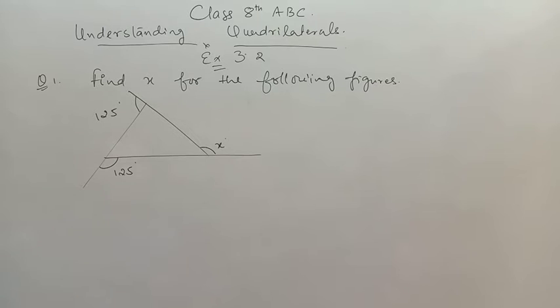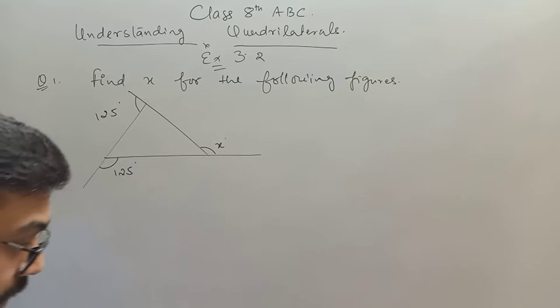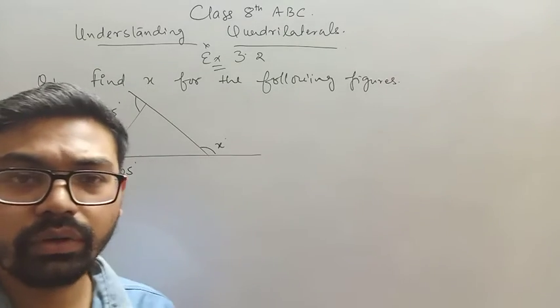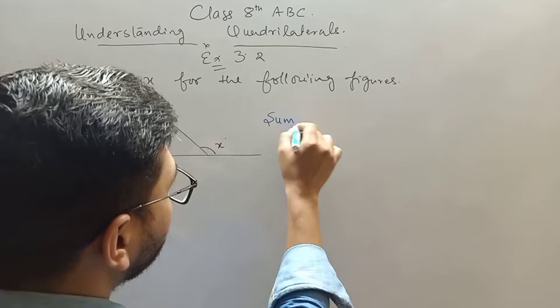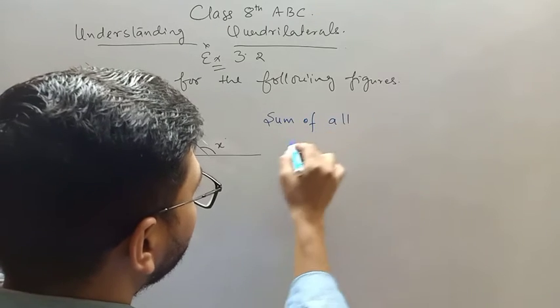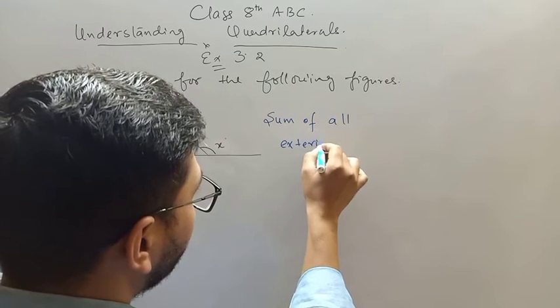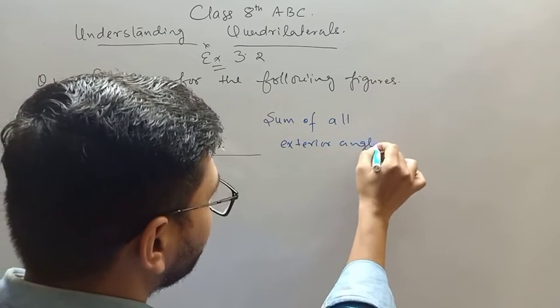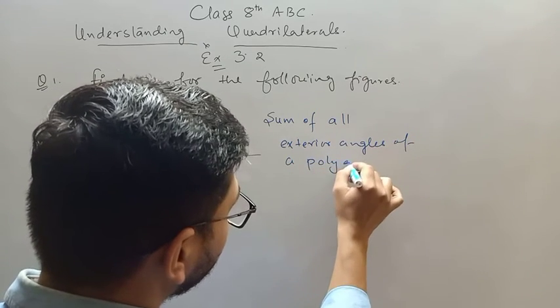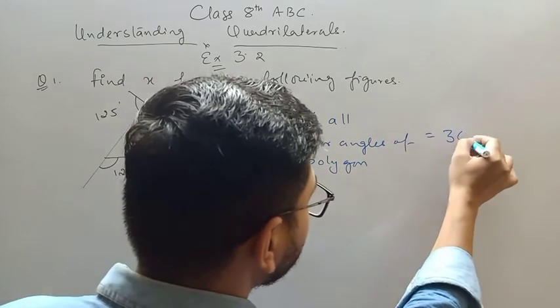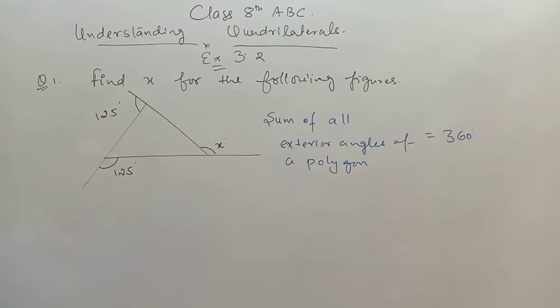Because these 3 angles are outside, or exterior, to this triangle. And you all know, I have covered this topic in the first video, that the sum of all exterior angles of a polygon is equal to 360. Any doubt?